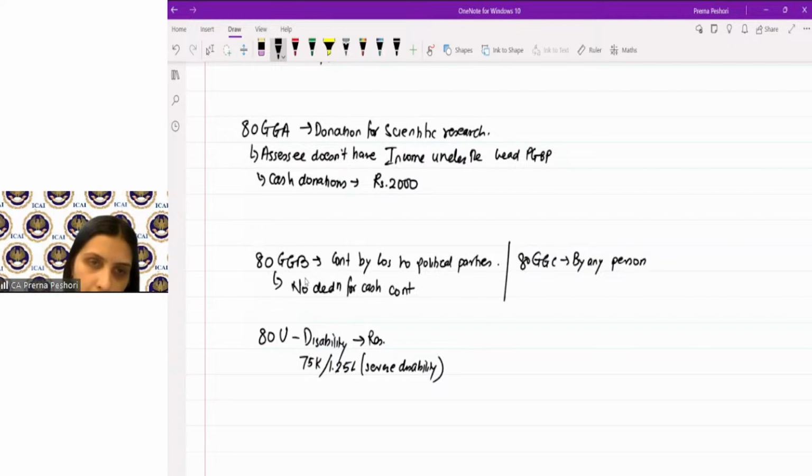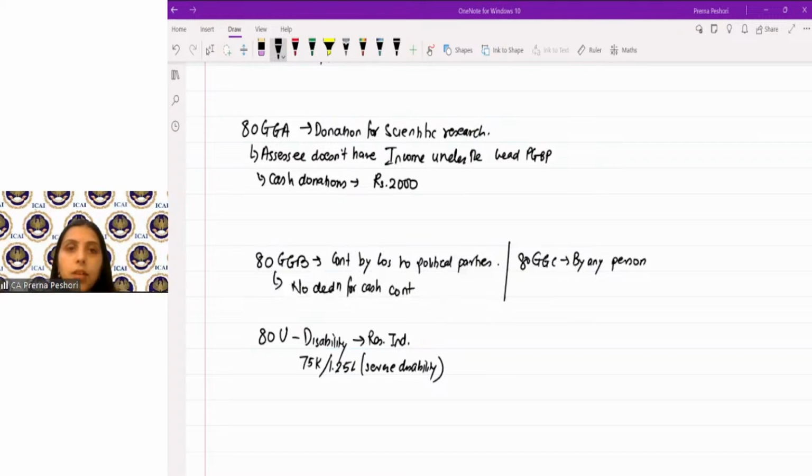This is again for a resident individual. Resident individual. Okay. Are we clear? Yes, 100% deduction is allowed for family planning, but that is restricted to 10% of the GTI.